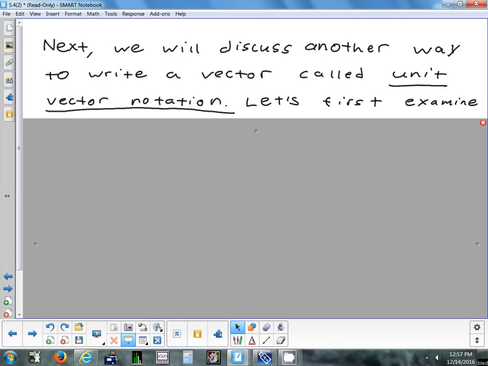If you have a vector that's a unit vector, what is it? Something to do with 1. Yep. It's equal to 1 unit.